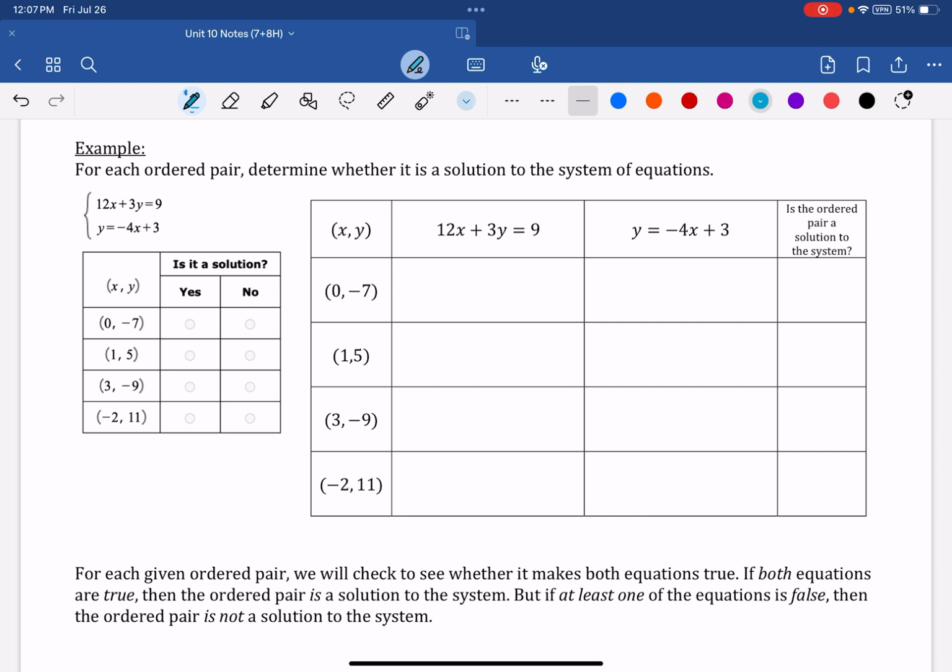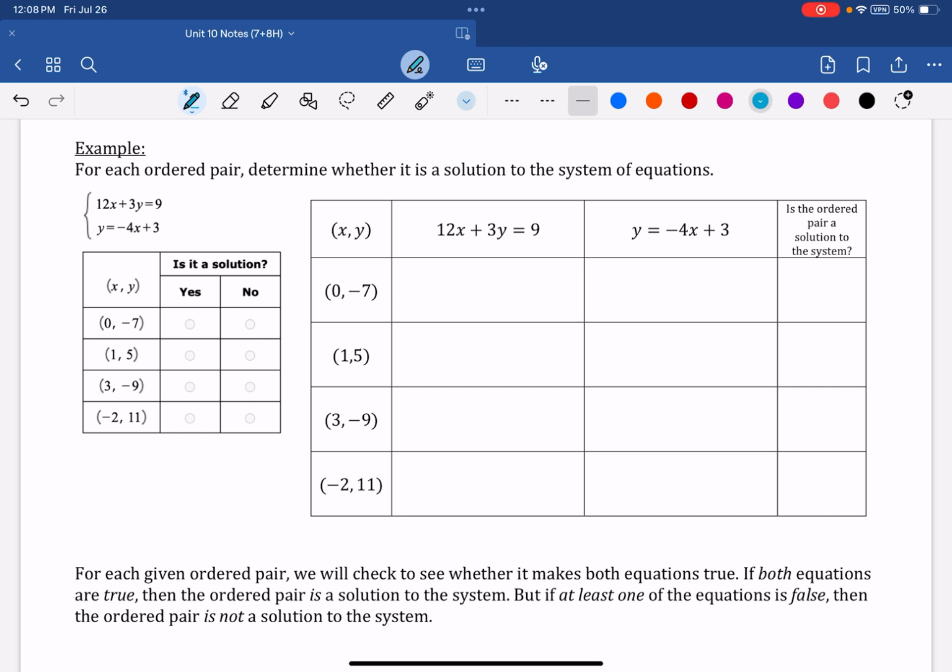So what we're going to do is check each ordered pair in both equations. So I've made a chart for you to organize your work. You could make one on your own on your assignment, or you can just check it.